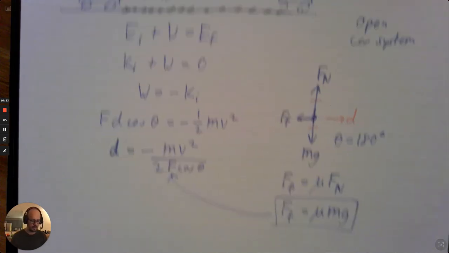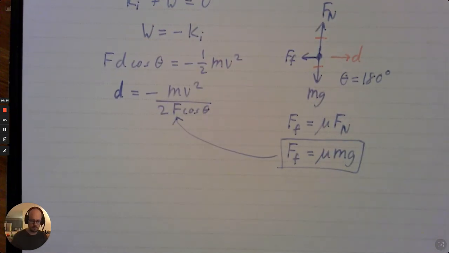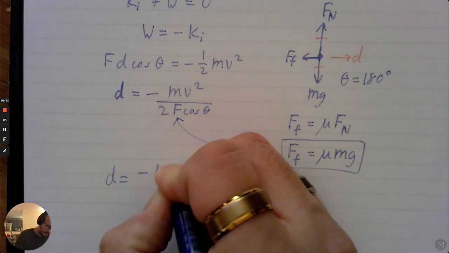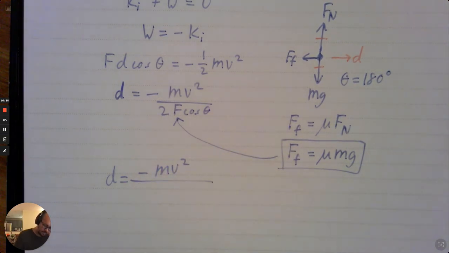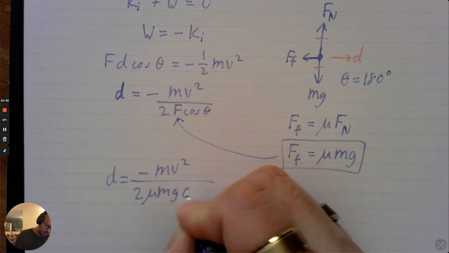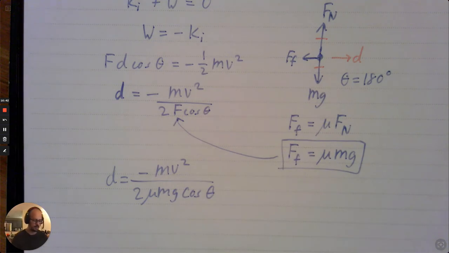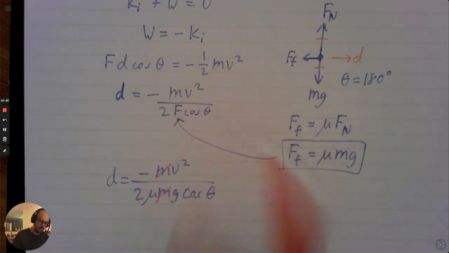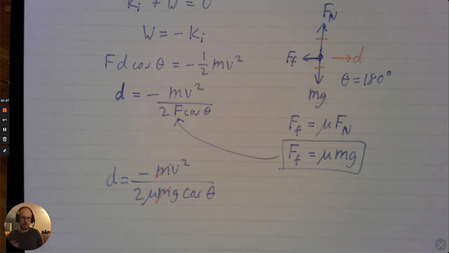So my final step here is to substitute the force of friction into this equation and then solve for displacement. So negative m v squared over 2 mu m g cosine theta. That's a lot. I can cancel the masses, which is very interesting, and it means that basically the mass of your car shouldn't have an impact over how far the car is going to skid.